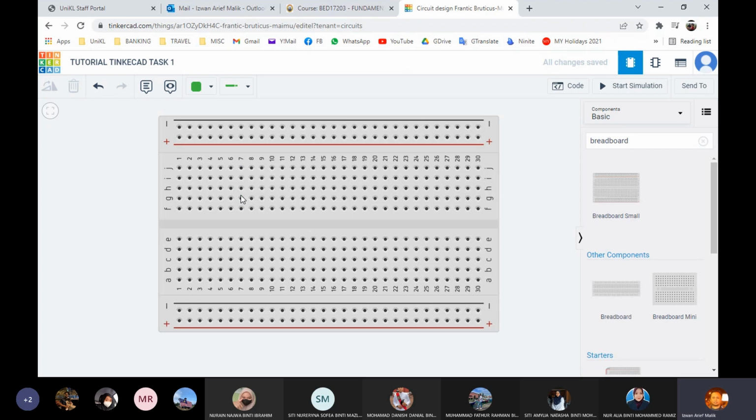This one is vertical, meaning there is a connection between all these five holes. It has no connection with the one beside it. This line is vertical, and this one is also vertical. This one is horizontal, running left and right. Between this line and this line there is no connection unless you place a jumper. Same goes for this one.